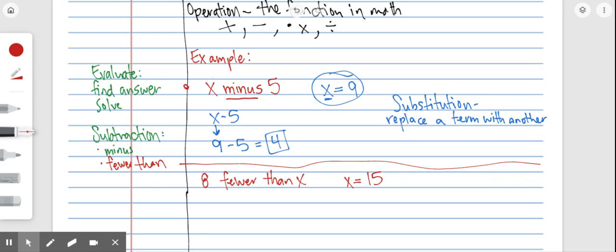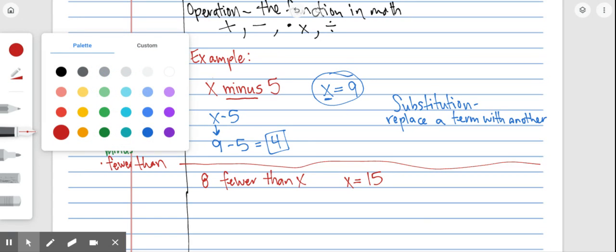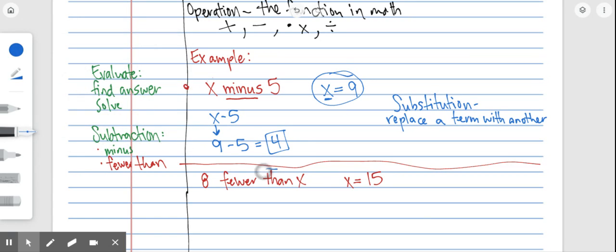So I have 8 fewer than x. Now the really cool key thing on these, and this is very important, is this word than. When you have an expression that says more than or fewer than or less than, that word than tells you to flip it around, because it says it's less than x, which means x is the starting number.